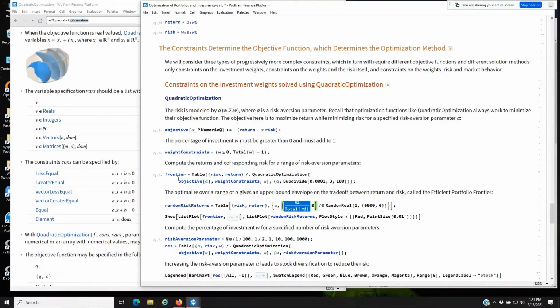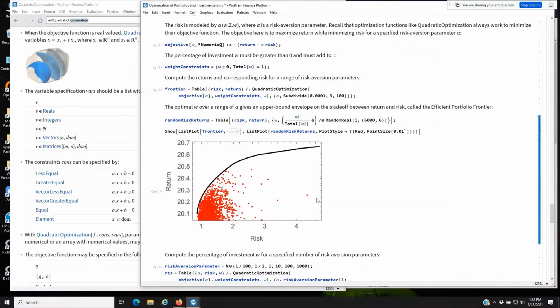But they're quite arbitrary. Now I can take the frontier and all of the other random portfolios and stick them together. Essentially, I've got 2 list plots, and I'm going to join them together. The random values will be in red, and the frontier will be in black, and it looks like this.